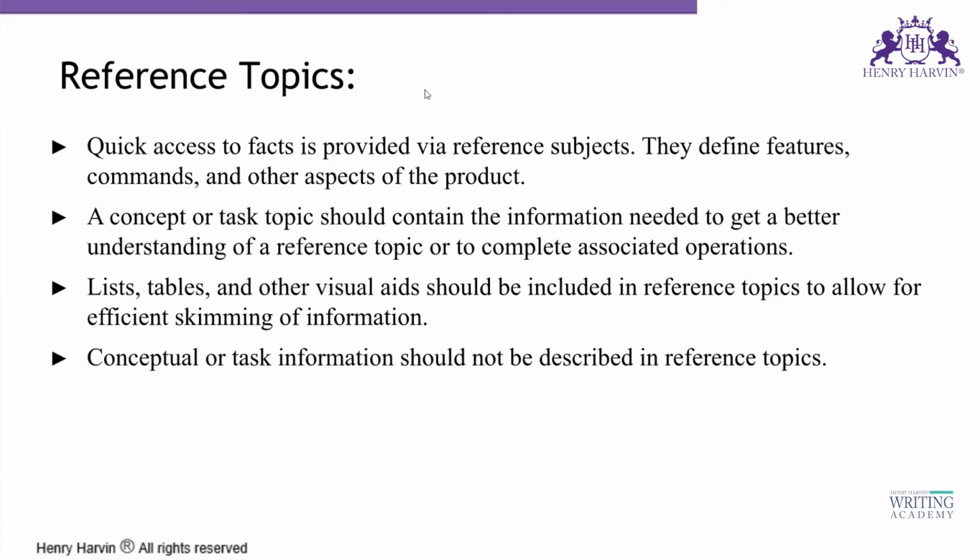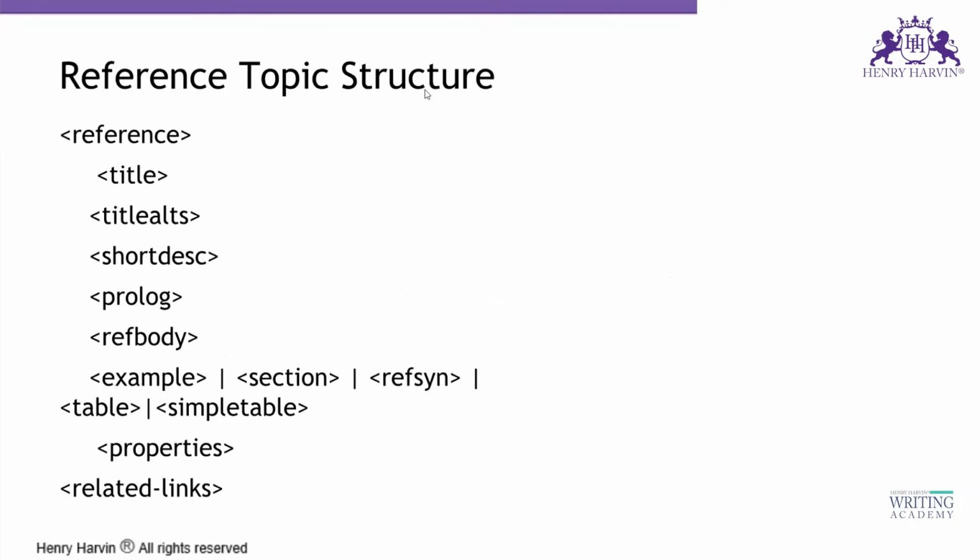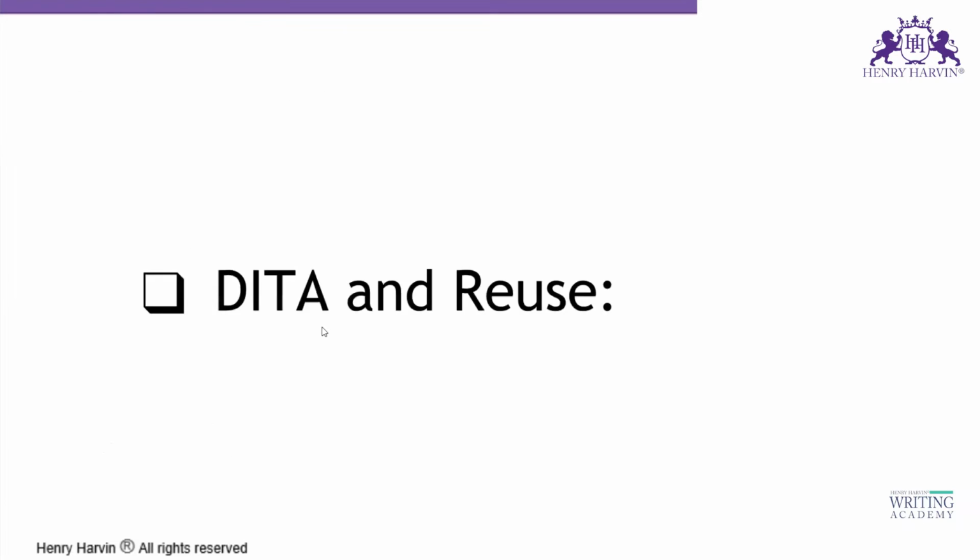But again, you don't have to mix concept and task topics in this. This is how it looks. Under reference body, you will have a lot of examples, a lot of sections, and a table. All this will be part of your reference.